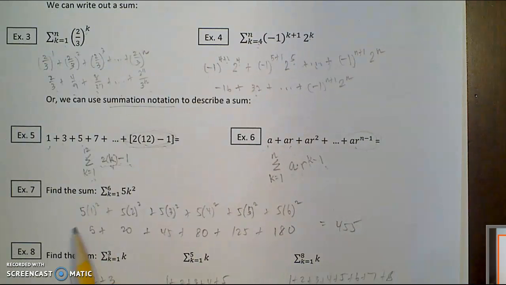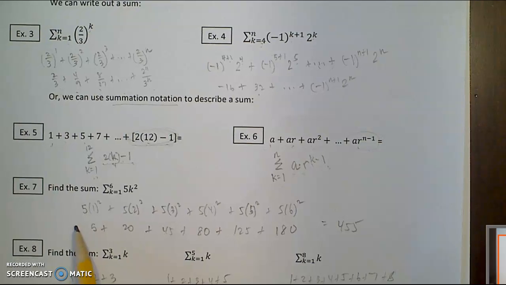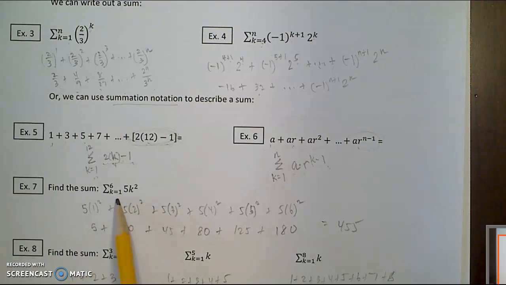Alright, so moving on to example number 7, we want to find the sum of this sequence described by 5k squared, so we want to add the first through 6th terms. So here we're going to write out all of the terms and find the values of all 6 terms. Again, it's simply plugging in different values of k.